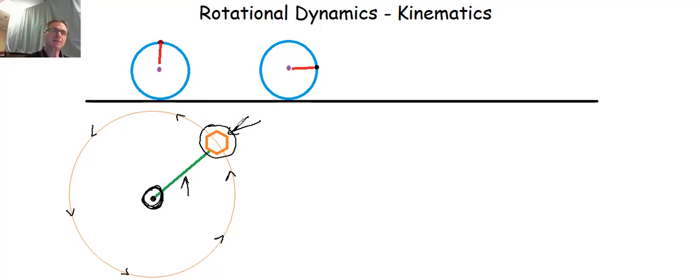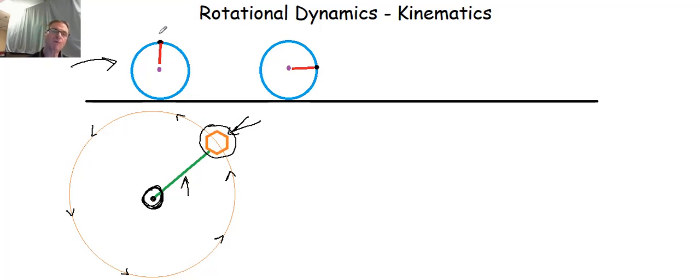If we look at the top picture up here, what I've drawn is two circles, and those circles represent two wheels, okay? And the wheels could have tires on the outside. So they're rubber wheels, if you will, like on a bicycle. And up at the top, we have a dot that represents just some point on the outside of the wheel, okay?